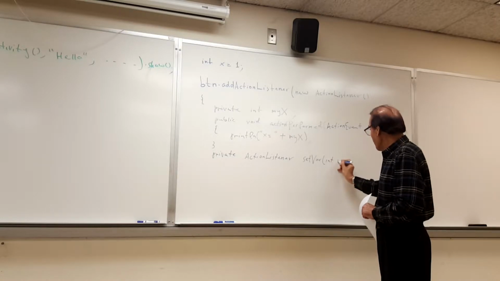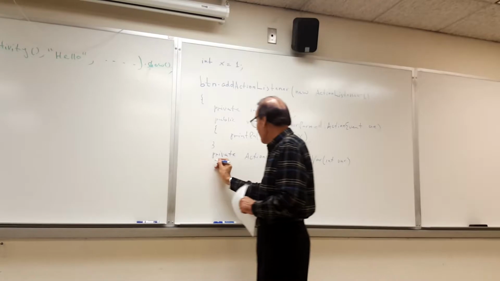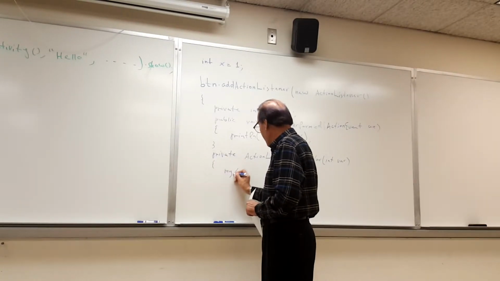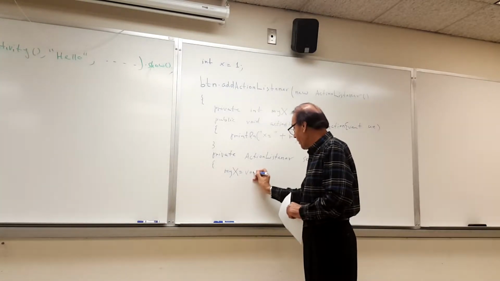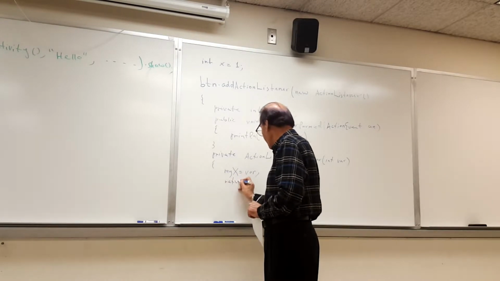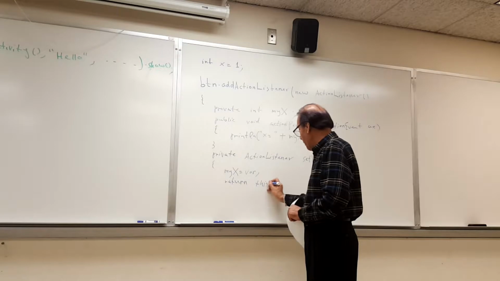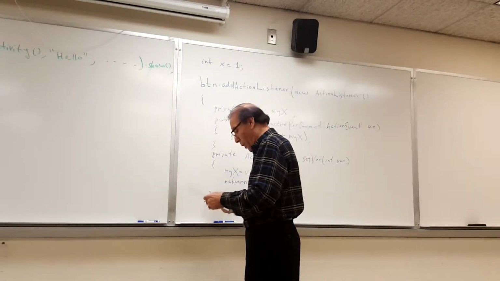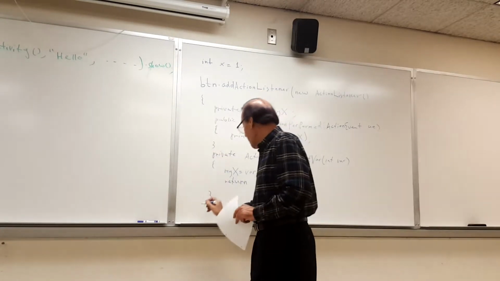And the argument is integer, and my x equal var, and return this. That's good enough. And close this, and close button.